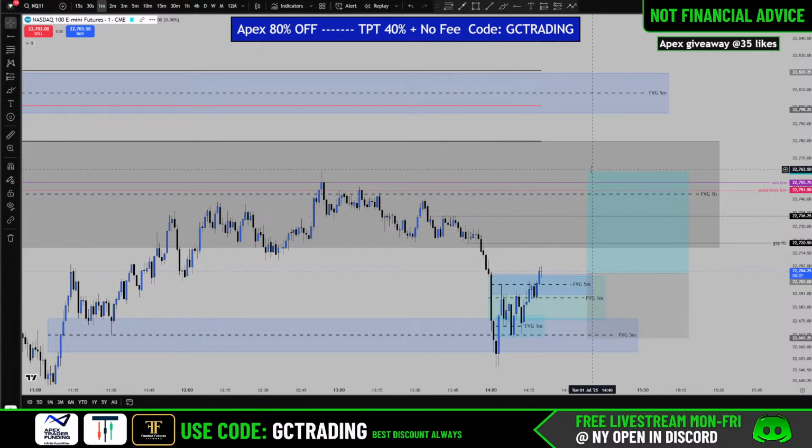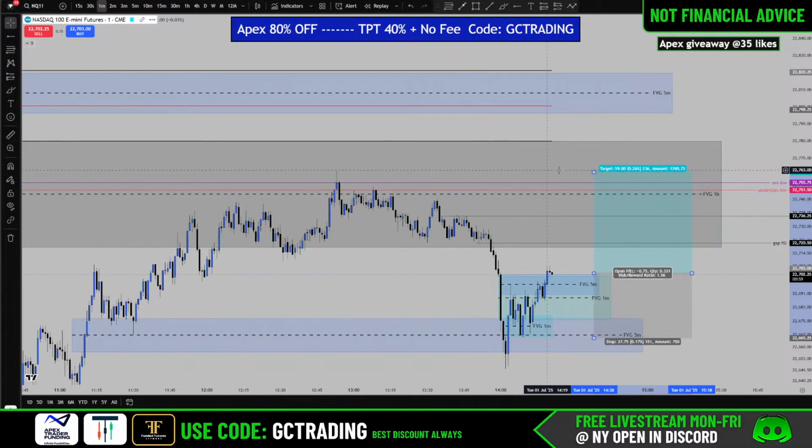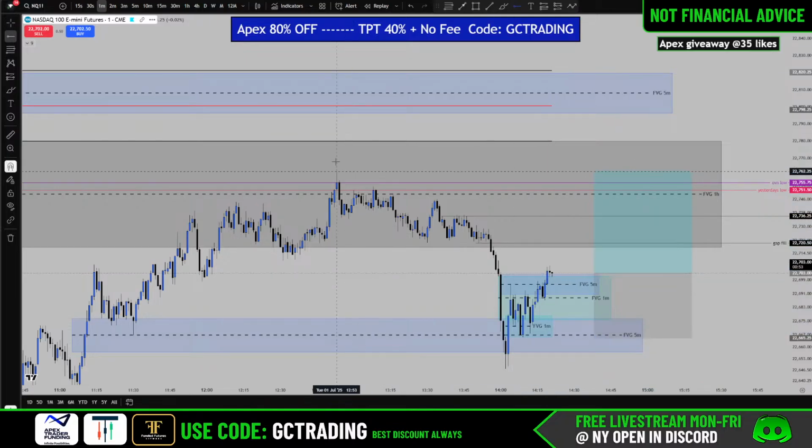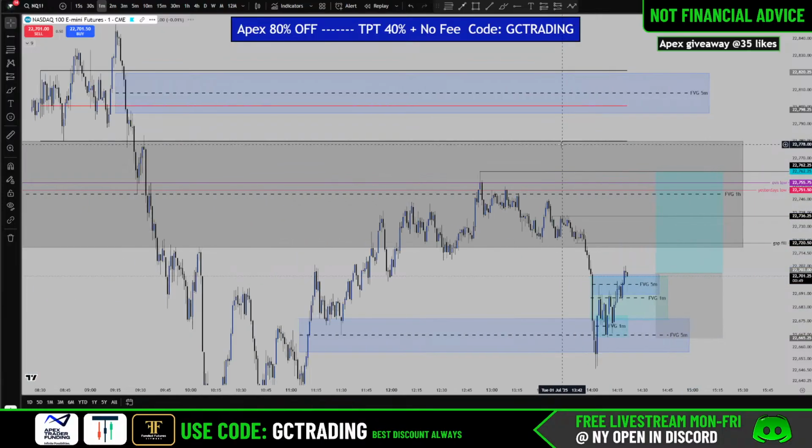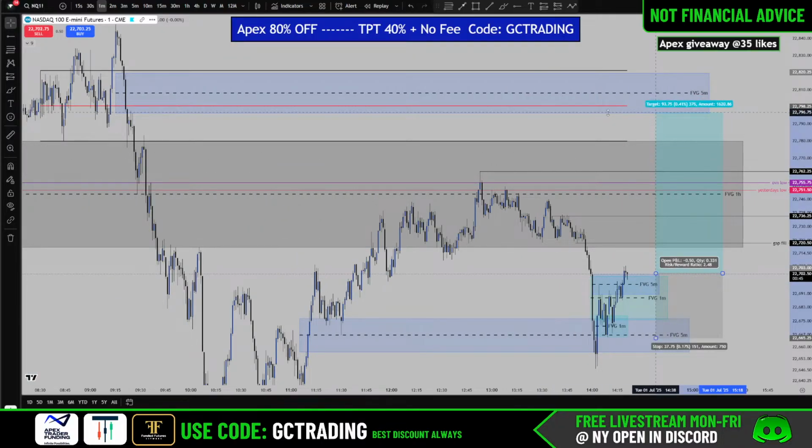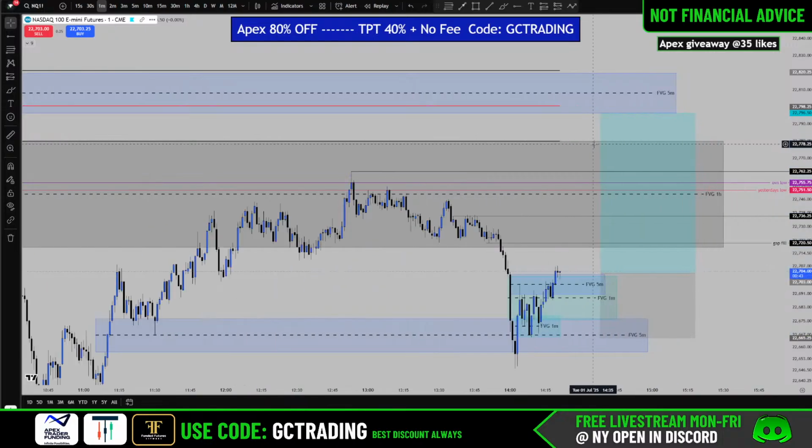That'll be my main target, that 0.89, and then that's where I'll go break even. I'll leave the rest for this internal high right here, and then I might leave a few for this gap up here. So that's it right there.